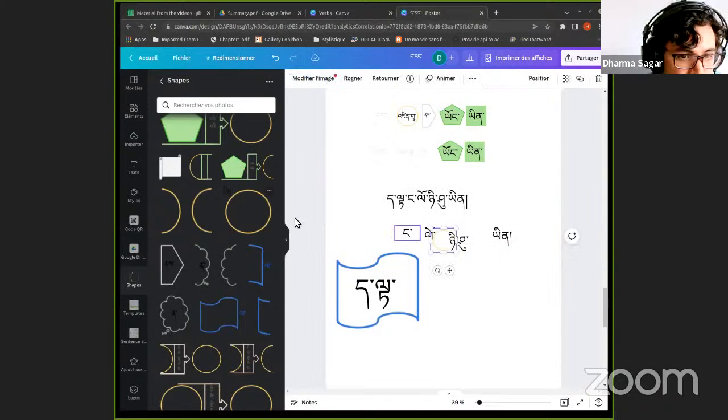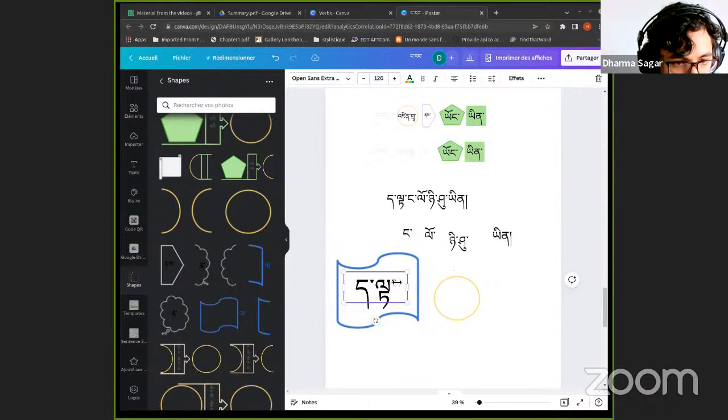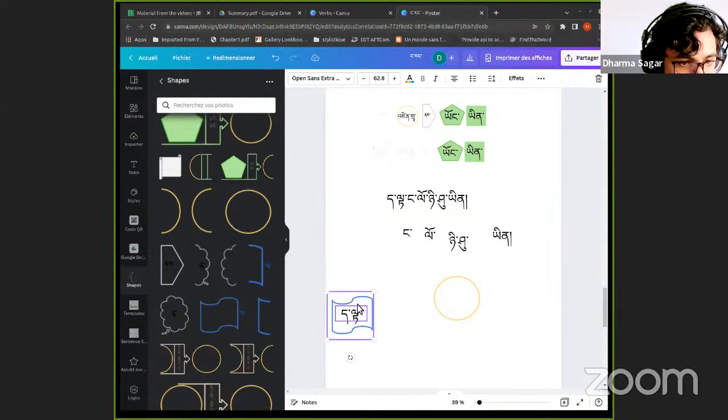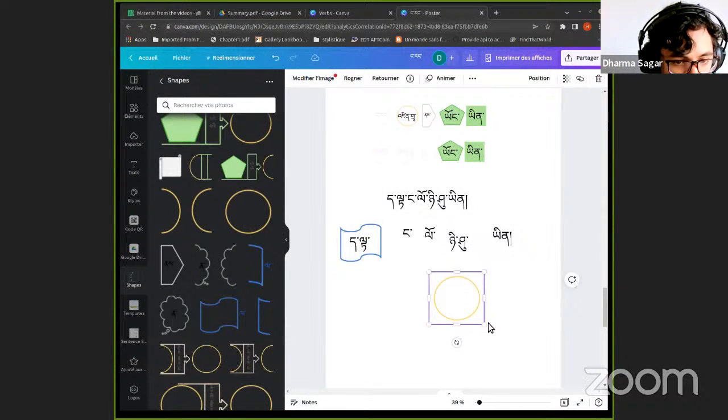Tanda, na. So here, even though it is a pronoun, maybe I can make it smaller so that it fits into this line. Na is a pronoun, but a pronoun works like a noun, right?